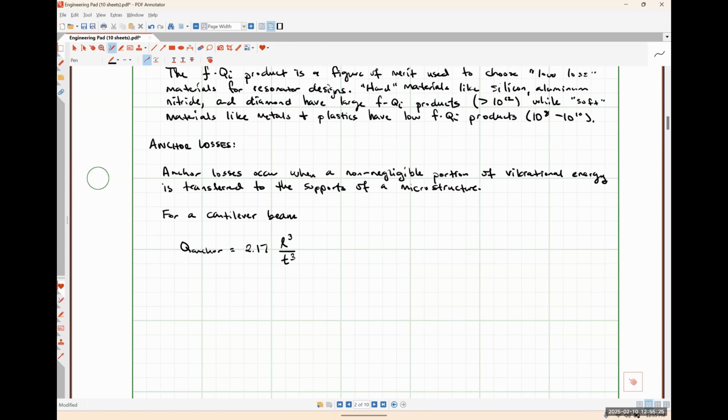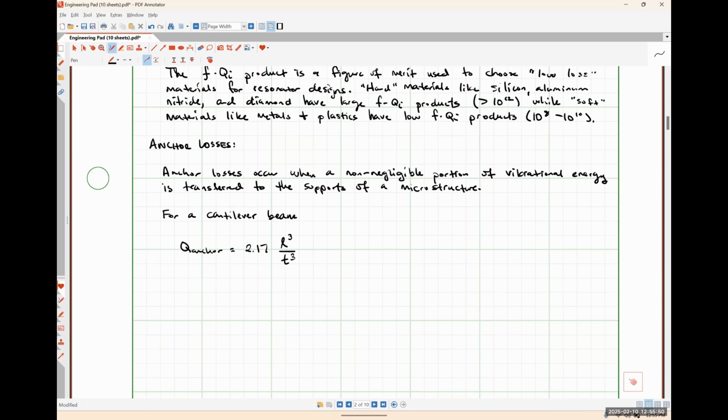In many applications, including things like accelerometers and actuators, we don't particularly need a high quality factor because we're just trying to measure a change, not intentionally trying to vibrate.